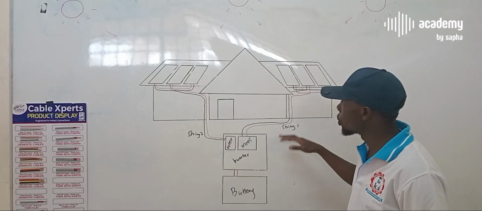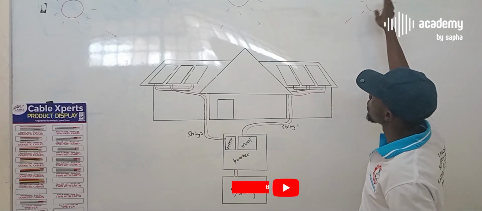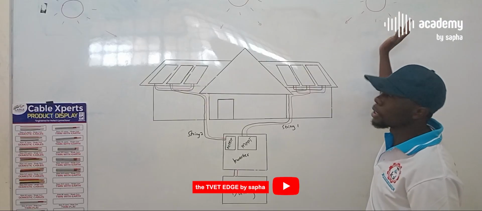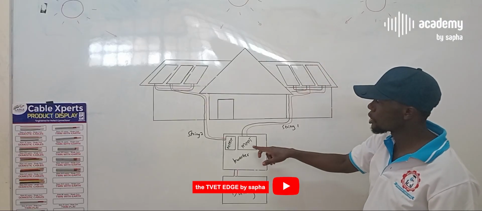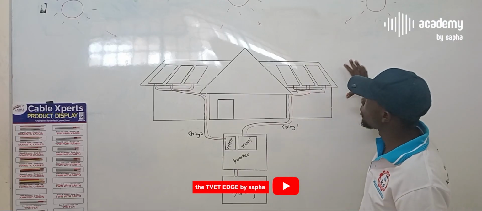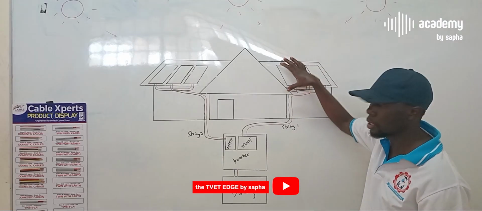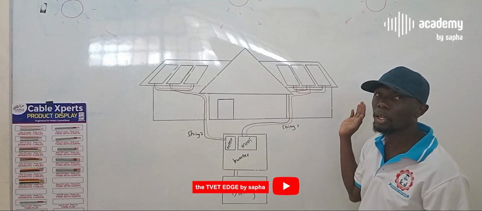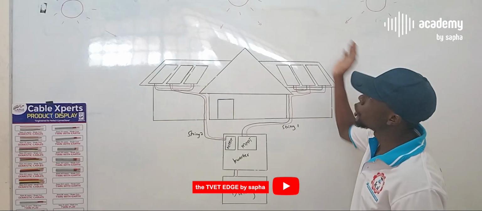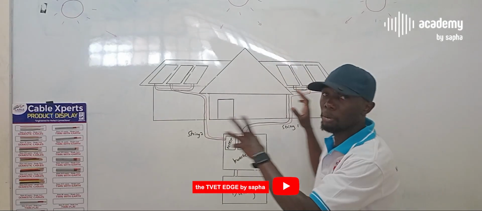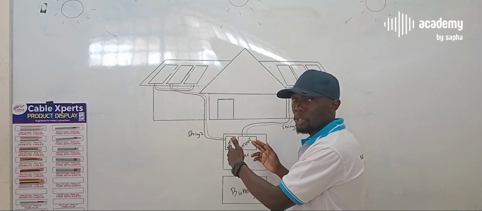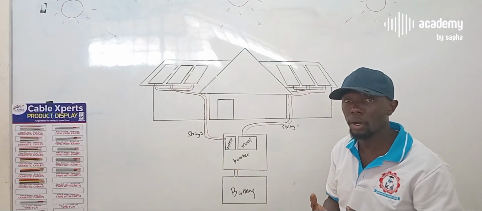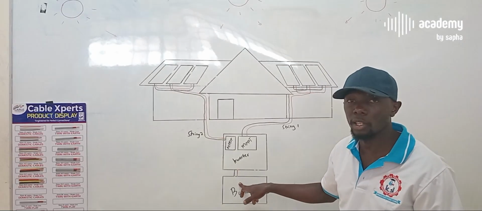That means that during the early hours of the morning, if the sun is rising from this side, this side is generating optimally, and so this MPPT will optimize the maximum amount of power coming from these panels to charge your batteries. During midday, probably both sides are generating optimally, so both MPPTs will be taking power optimally and charging the batteries.